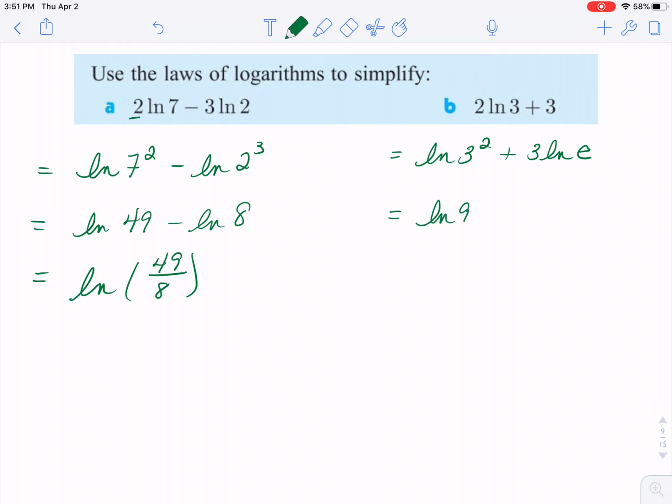So we have the ln of 9 plus the ln of e cubed. Addition means that we change it into multiplication. So ln of 9e cubed would be our simplified answer. Okay, and that's the end of section 6D.